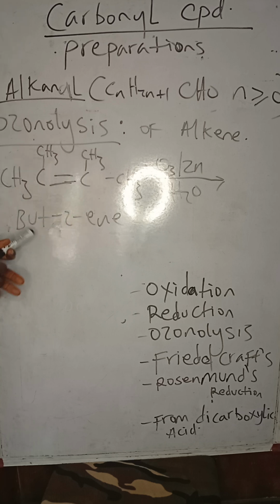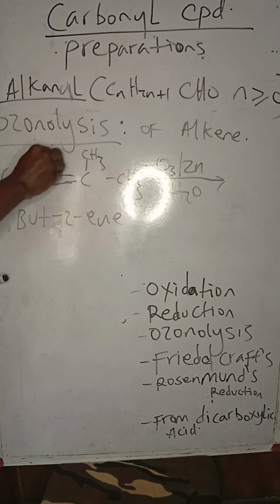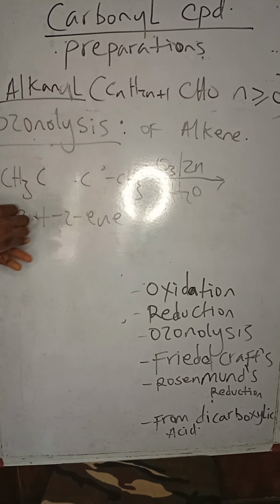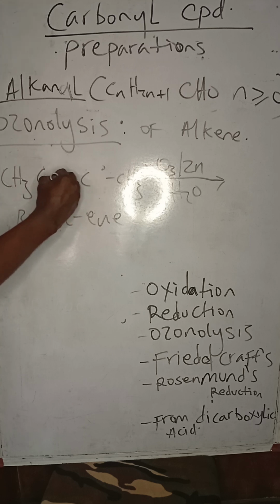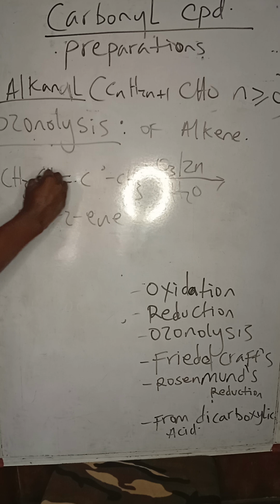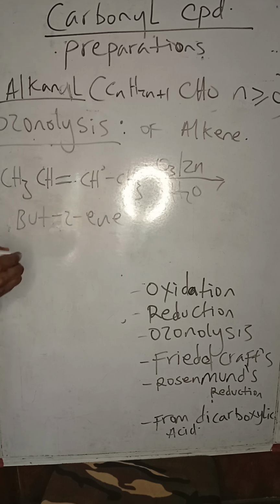Instead, you get an alkanone. So what I'm saying is this: when preparing alkanal from ozonolysis of alkene, the carbon carrying the double bond should have just H.